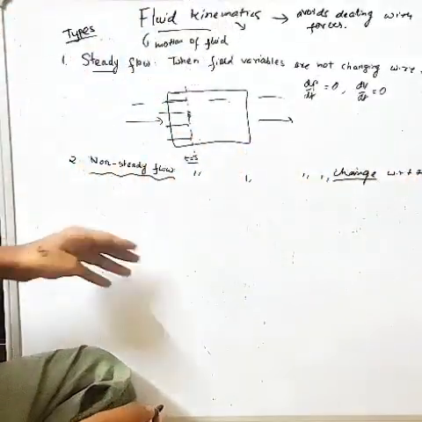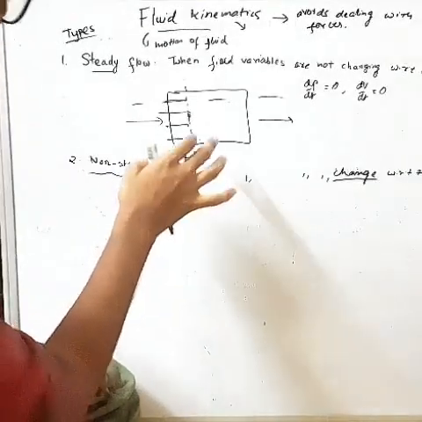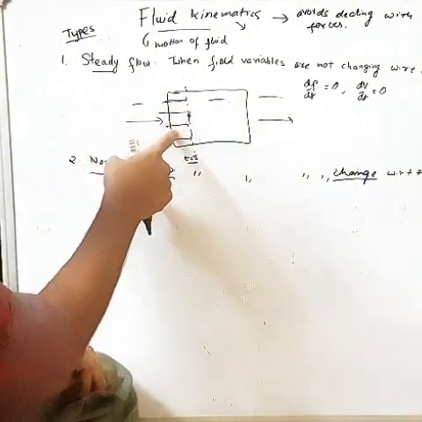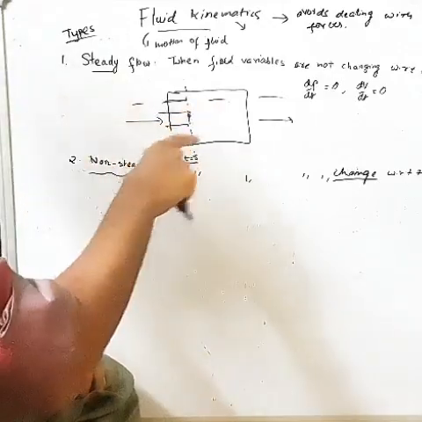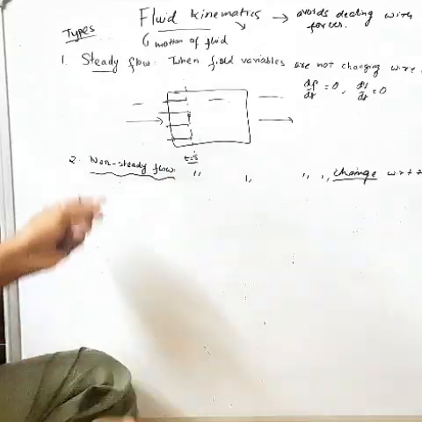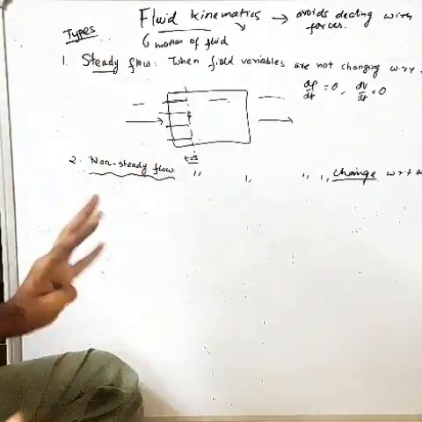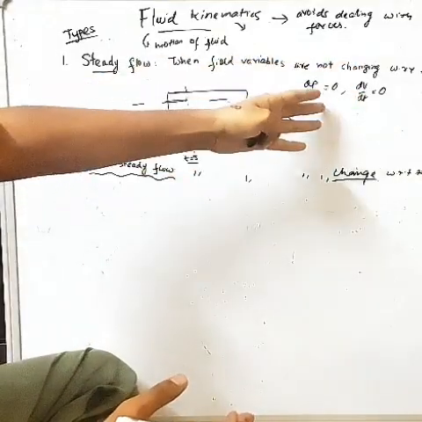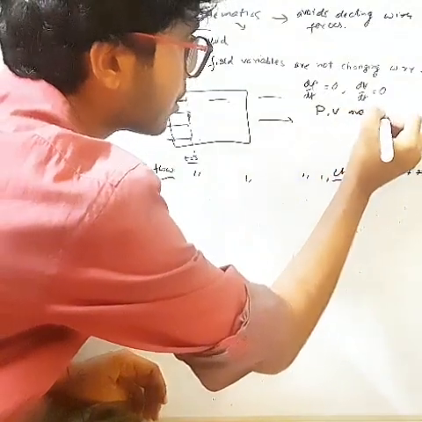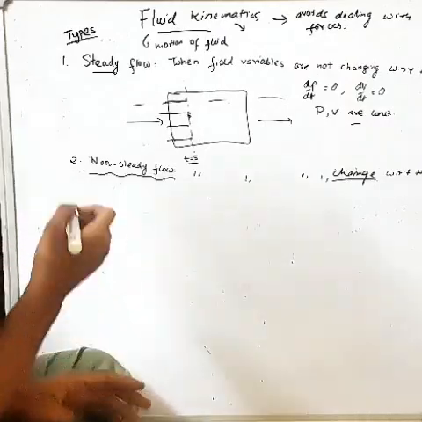If at t equals 5 a particle comes here with velocity 10 meters per second, then another comes with 5 meters per second, 2 meters per second, 7 meters per second, and pressure is 10 pascal, 5 pascal, 6 pascal, it changes at every time. So dp/dt gives some value, dv/dt gives some value, it's not 0, because if it were 0, then p and v would be constant. We know this, that's why.